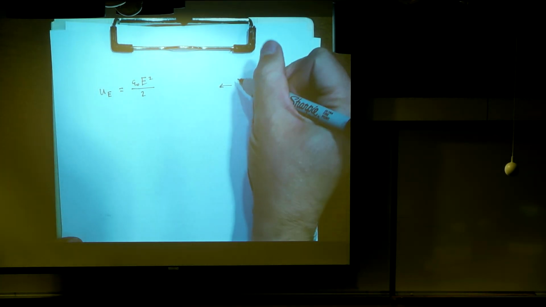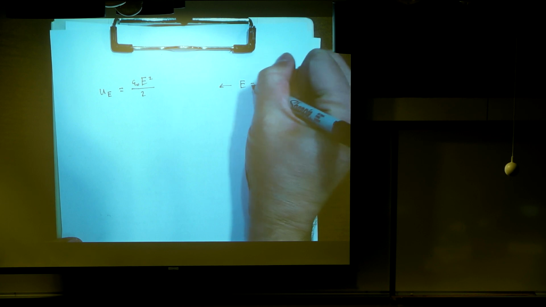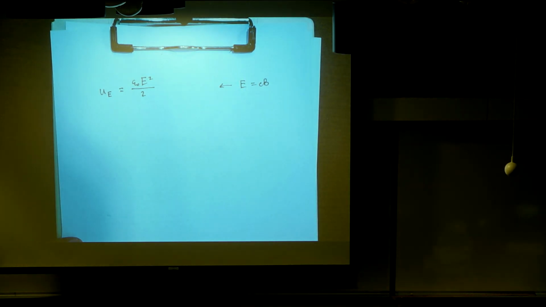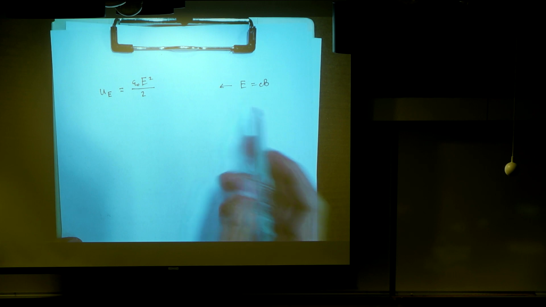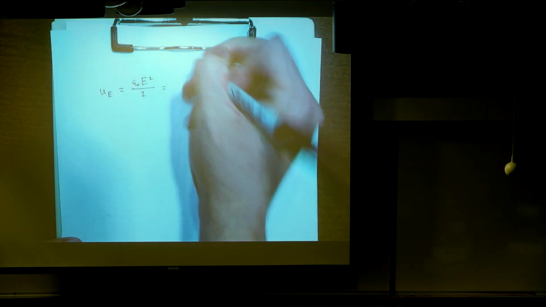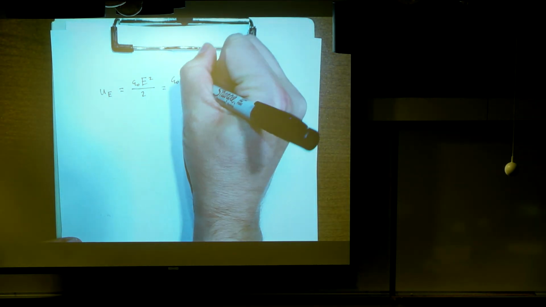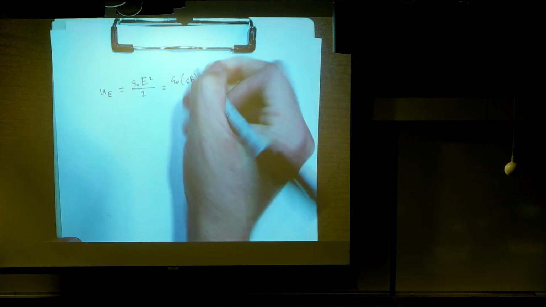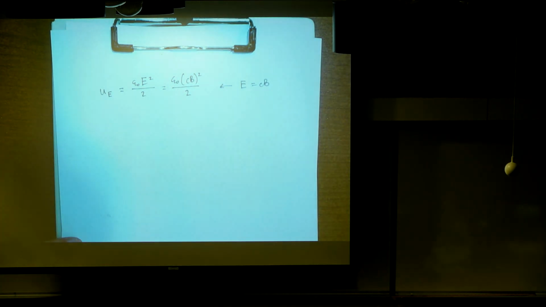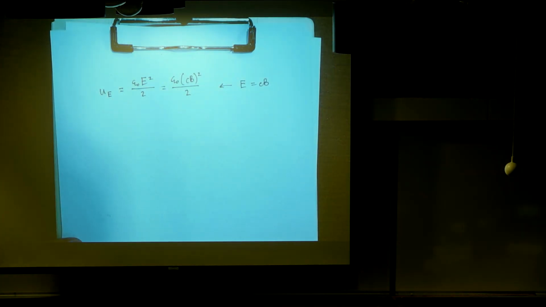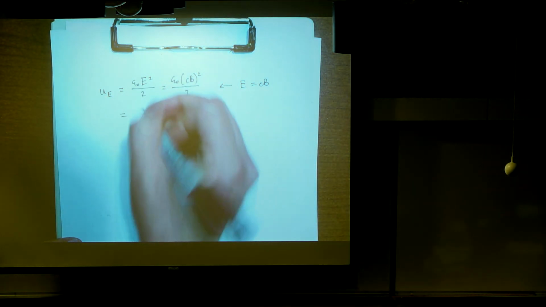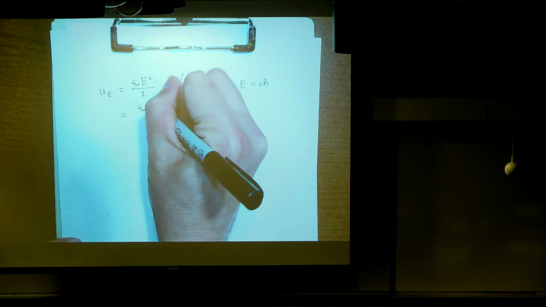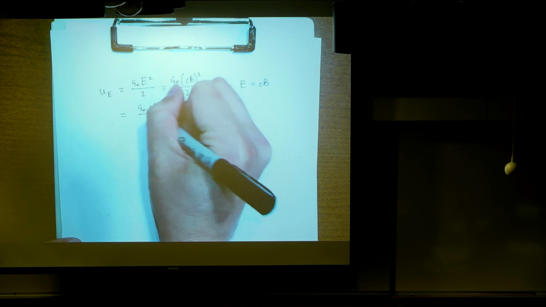I'm going to say that E is equal to c times B, the speed of light times the magnetic field. So what do I have? I have epsilon naught times c times B squared, all divided by 2. To expand that out, I have epsilon naught c squared B squared divided by 2.